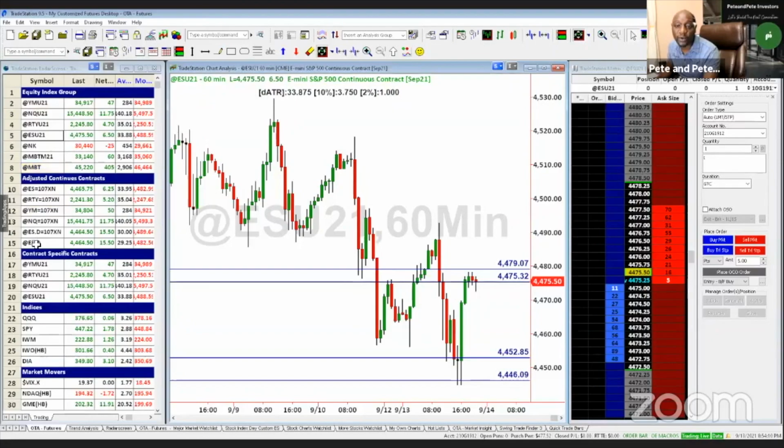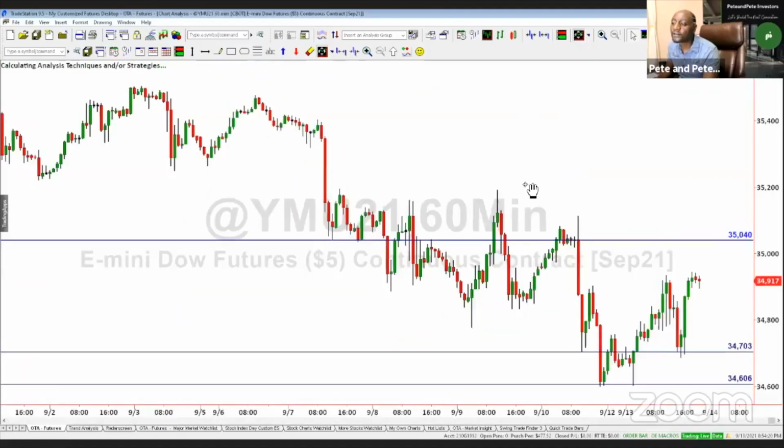But once you put a contract specific chart, it's going to build it for you based on the expiration month. So remember, futures contracts expire on a schedule. So it might be monthly, it might be quarterly. It depends on what you're trading.